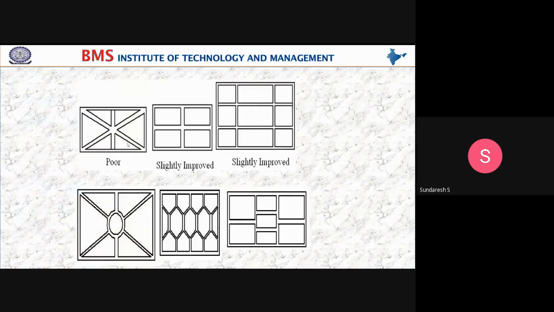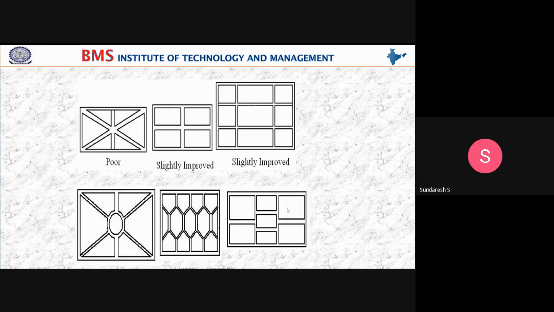Look here, these are some of the diagrams they have shown. This kind of thing you need to improve. It is a very poor design because of the webs. Look at the webs and ribs; this one is slightly improved, and this one is improved slightly more.